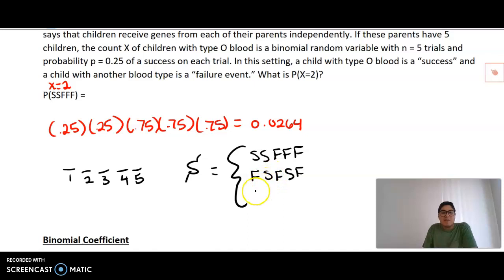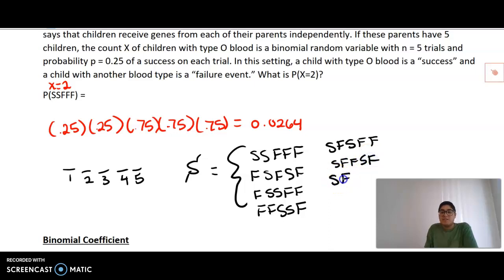We could also have maybe that the first one doesn't have it, but child 2 and child 3 have it, and then 4 and 5 don't have it. Or maybe the first and second don't have it, and then child 3 and 4 have it, but not child 5. Or let's see, how about first and middle? How about first and fourth?